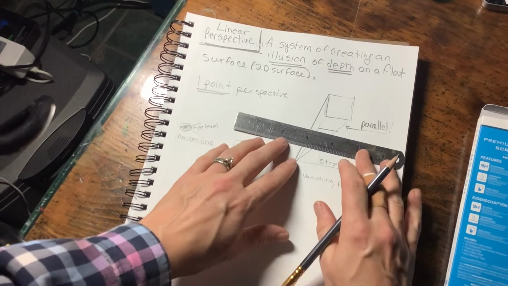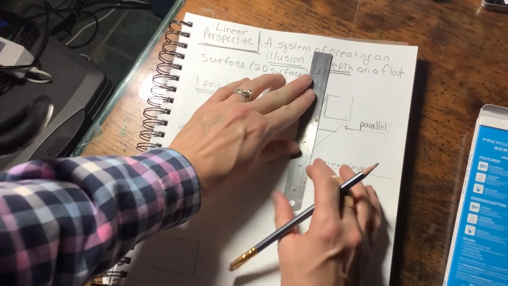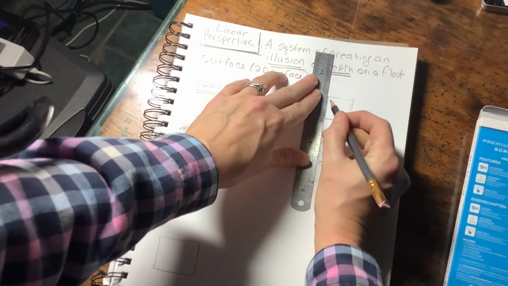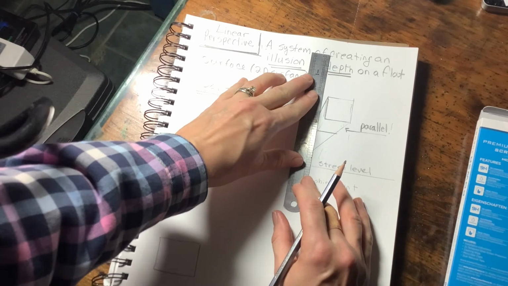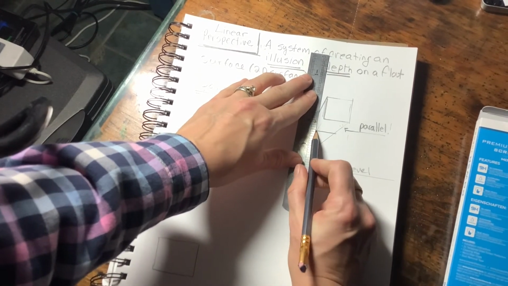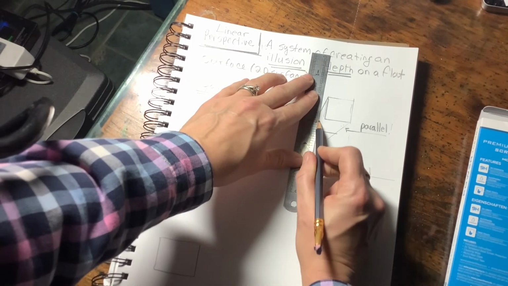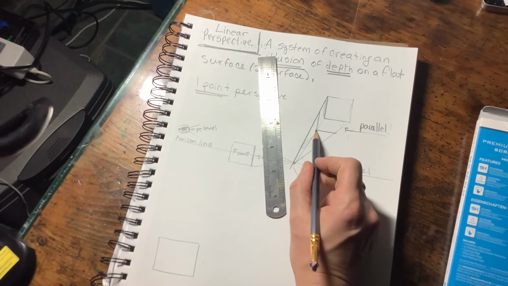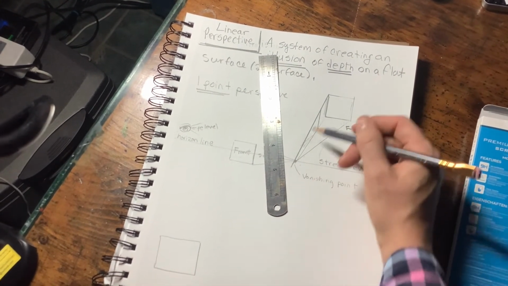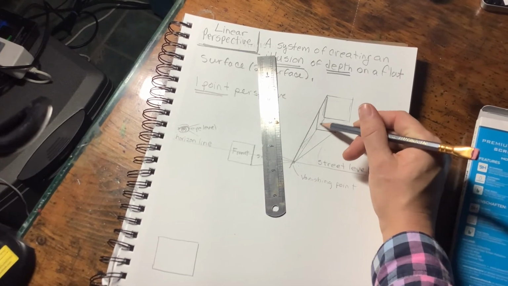All right. Now, the side here. So I'm going to slide it back. I'm going to stop where I see the other line. They have to connect and touch. If they don't connect and touch and make a corner, it's not correct. Okay.